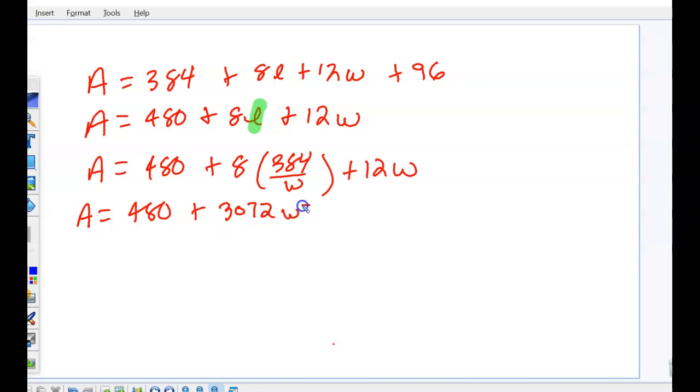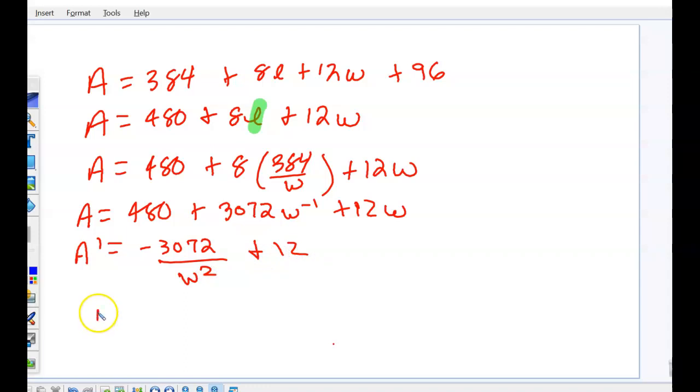I'll bring W up to the top, so it's W to the minus 1 plus 12W. Now I'll take my derivative. The derivative of 480 is 0. The derivative of the second term is going to be negative 3072W to the minus 2, which is really W squared, plus 12. And now I'm going to figure out my critical numbers.